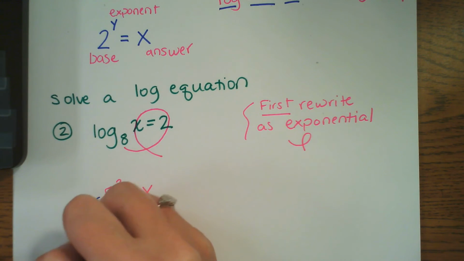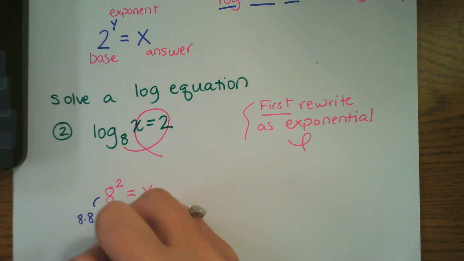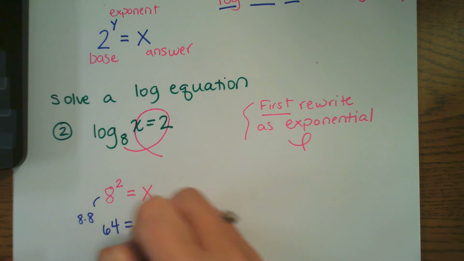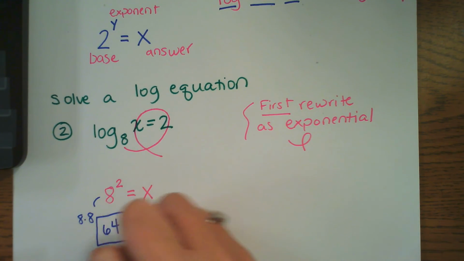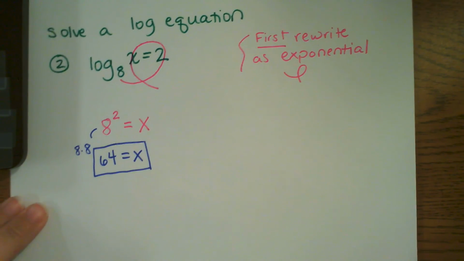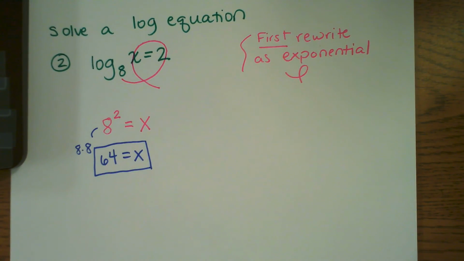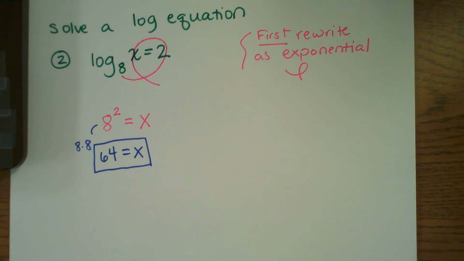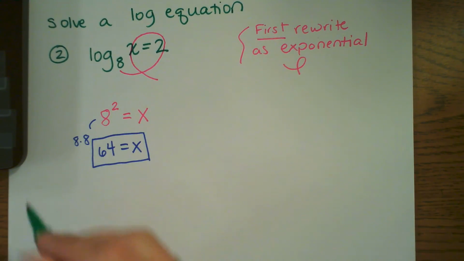So 8 squared is 8 times 8, which tells me the answer is 64.